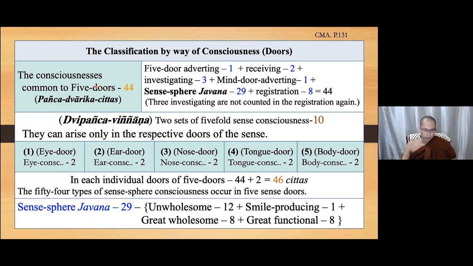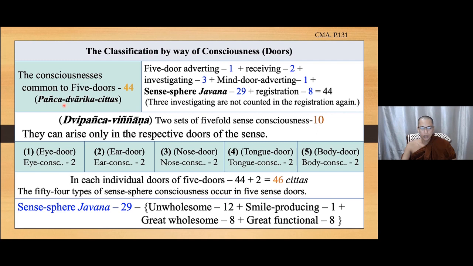The first way: 44 consciousnesses are common to the five doors. The five doors refer to the former five doors related to the materialities: Chakkhu Dwara, Sota Dwara, Ghana Dwara, Jivha Dwara, and Kaya Dwara.